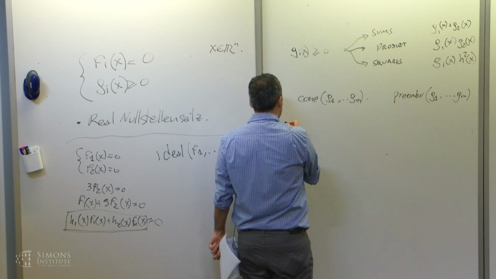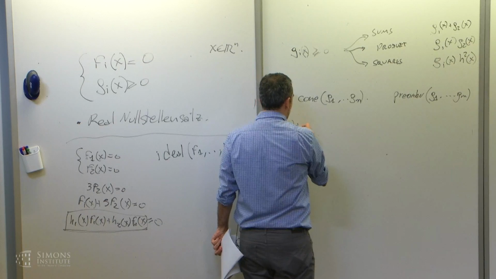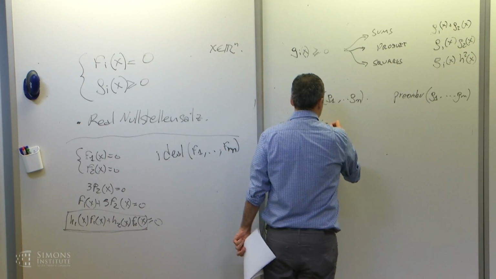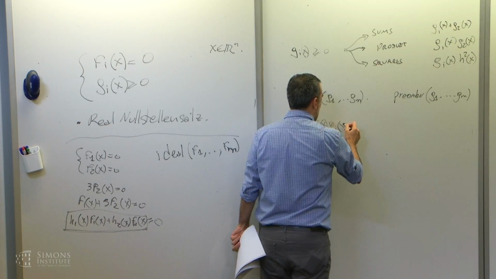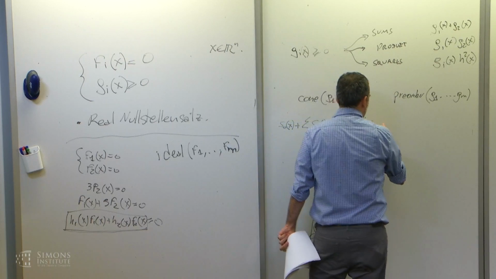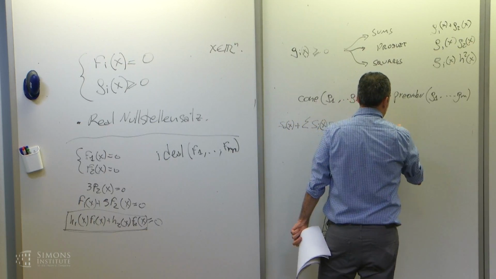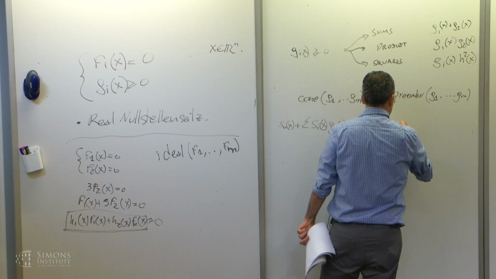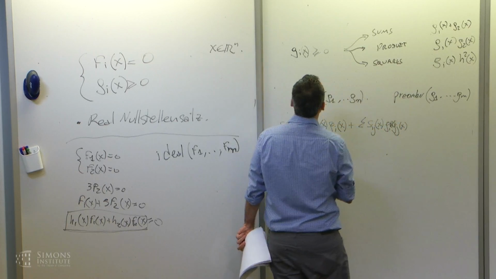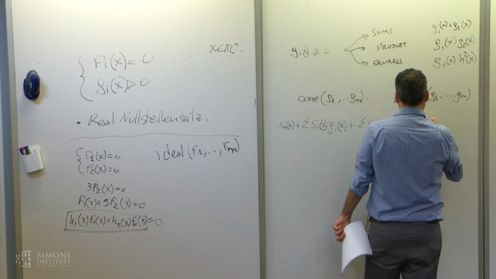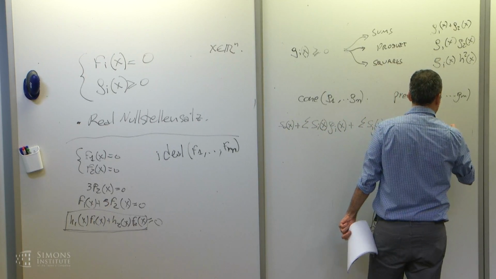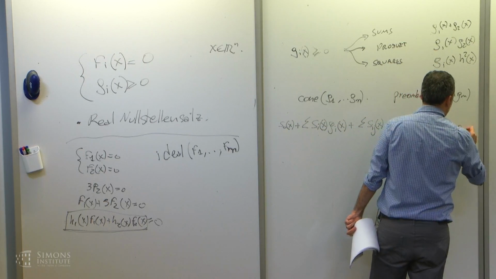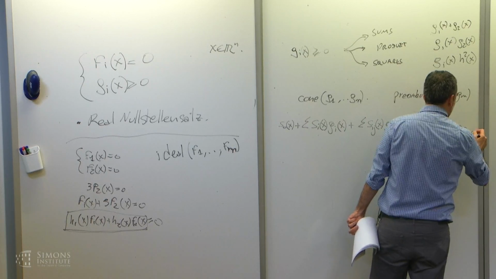It will look essentially like a sum of squares plus some sum of squares times g sub i plus some sum of squares times g sub i, g sub j. I should be a little bit more precise. That's fine. Right now, plus sum over i, j, k of triple products of my constraints.